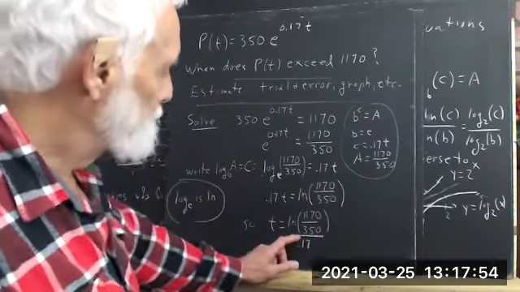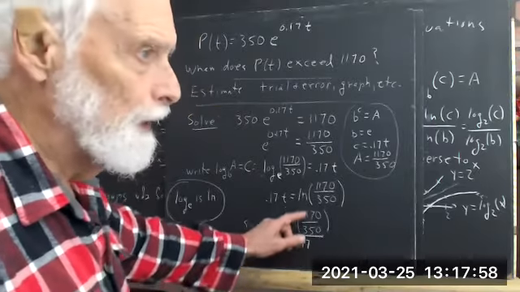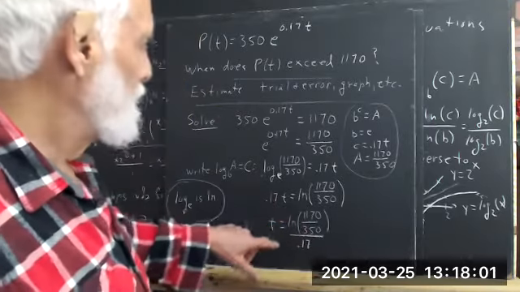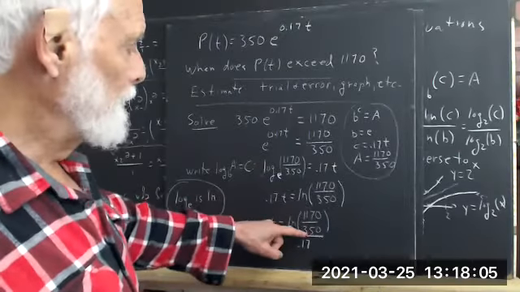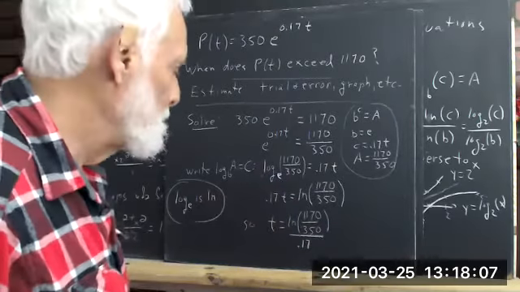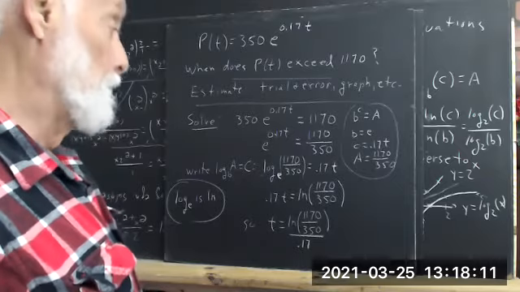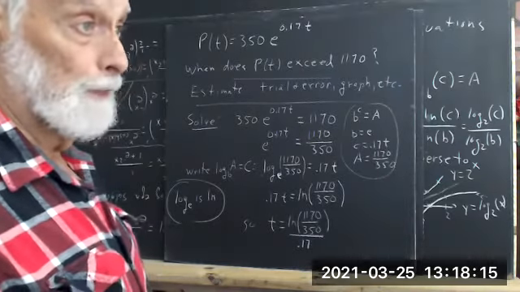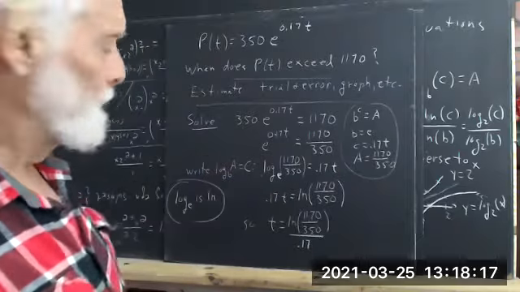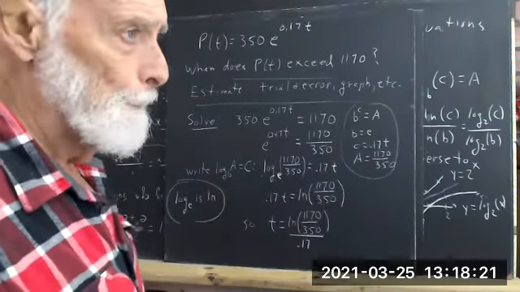Now I can tell you that if this was e, then this natural log would be 1. If I divide 1170 by 350, I get something a little over 3 because 3 times 350 is 1,050. So this is about 3 1/3.